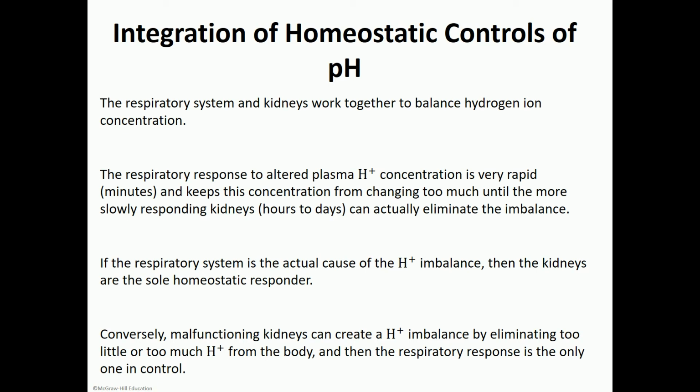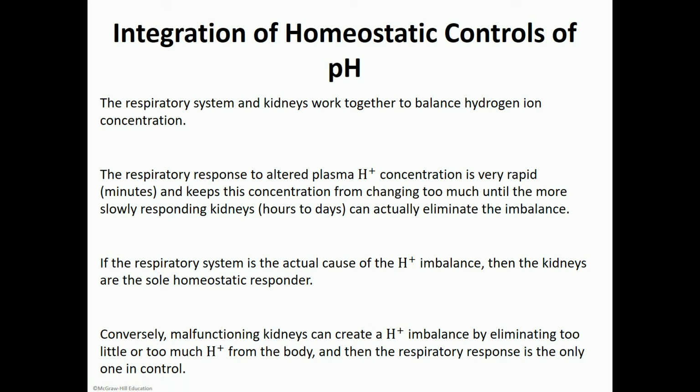But let's say the cause of acidosis is actually due to something going on in the lungs. Well, then the kidneys would have to buffer all of that excess acidity. And that process takes a longer time to happen. It usually happens in hours or even days. So the buffering system of the respiratory center, or the respiratory response, is much faster than that of the kidney response.